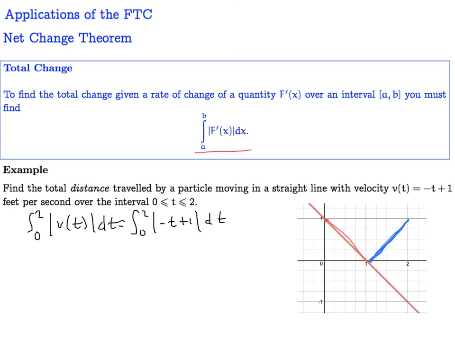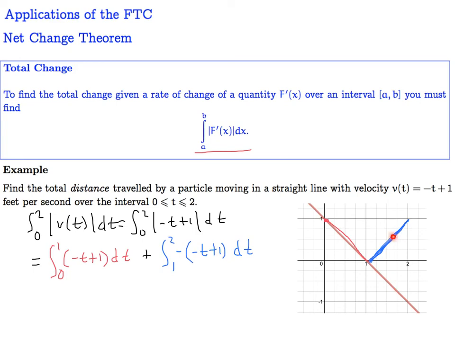So what this means is I'm going to have to break my integral up into two separate integrals. The first one will be the integral from 0 to 1 over the positive part of my function, plus then I need to integrate from 1 to 2 the opposite of negative t plus 1, because that negative sign right here is the result of applying the absolute value.